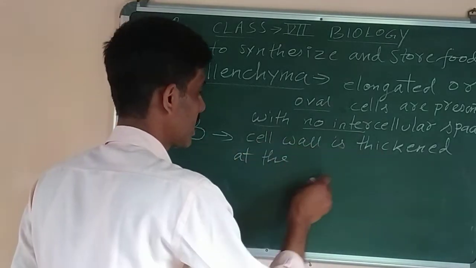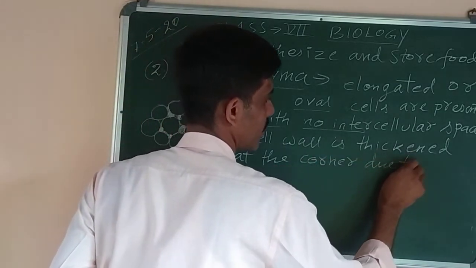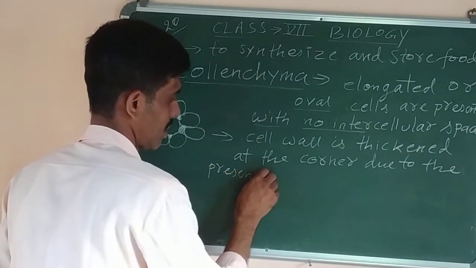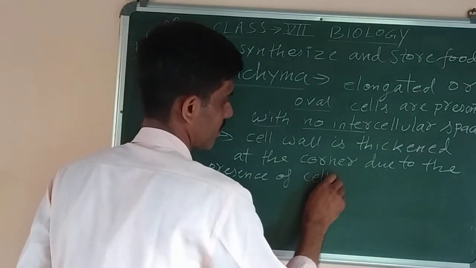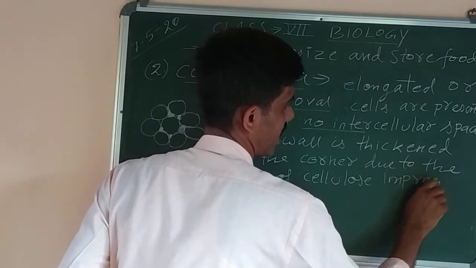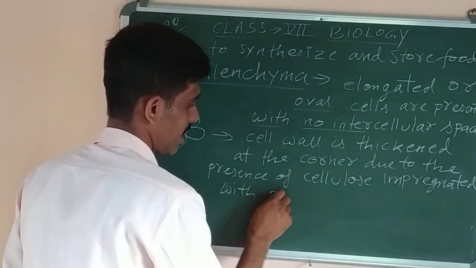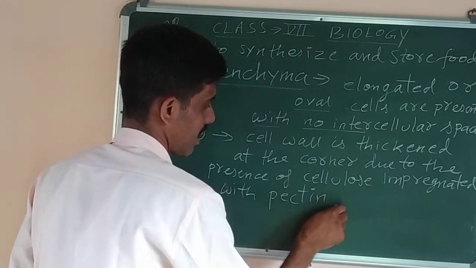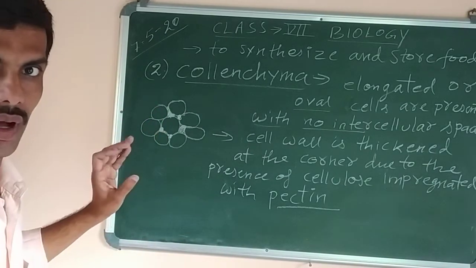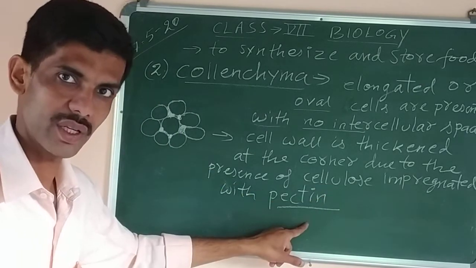So the cell wall is thickened at the corners due to the presence of cellulose impregnated with pectin, P-E-C-T-I-N. The substance which is deposited in the corners of the cell wall of this cell is pectin. Along with cellulose, pectin is also there.